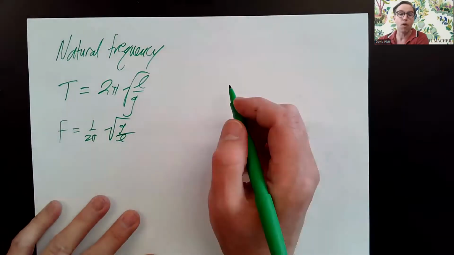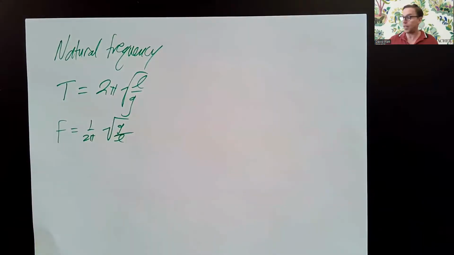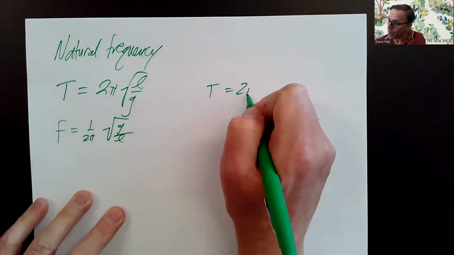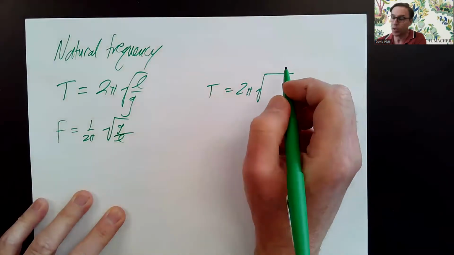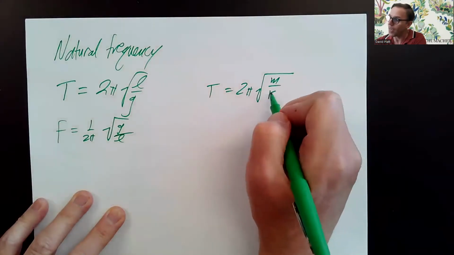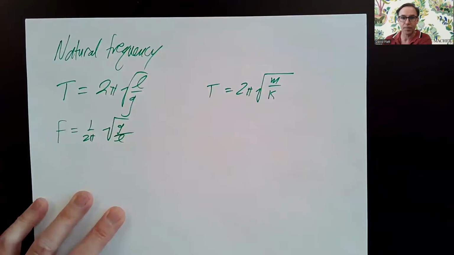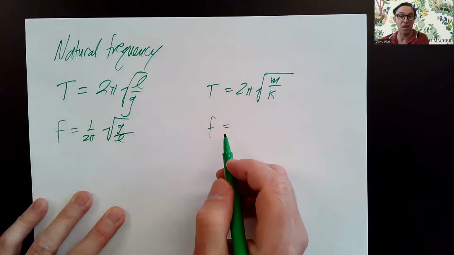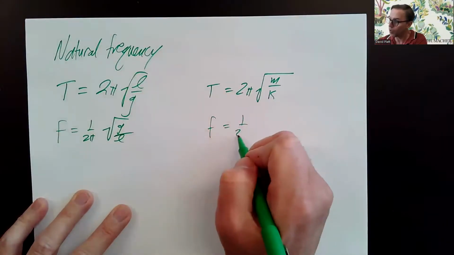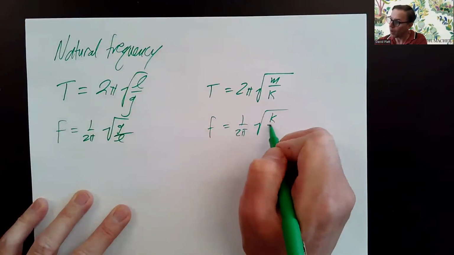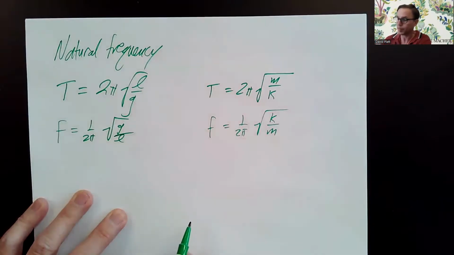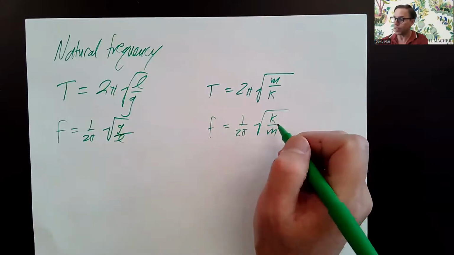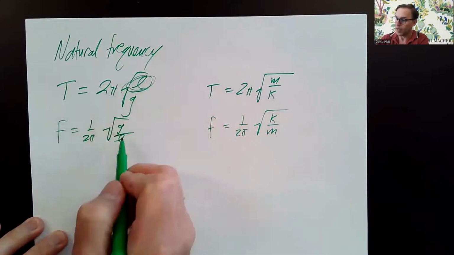We also said if we put a block on the end of our spring, the period is 2 pi root m over k. Does that sound familiar? And therefore, the frequency of a block-spring system is 1 over 2 pi root k over m. So again, the pendulum only depended on one factor, the length.